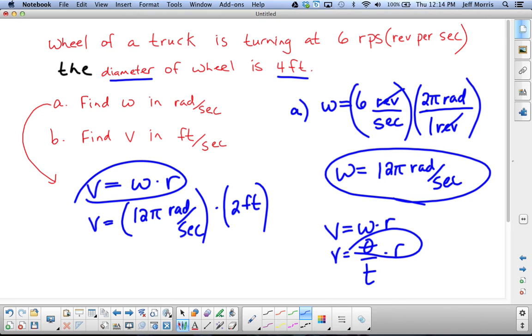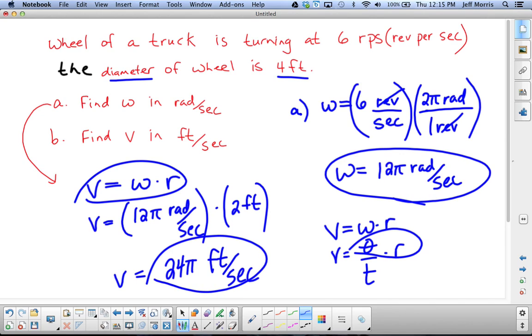That's the only way this works, because degrees and rotations won't do that. They have some more meaning that's not really related to a length. The reason we use radians is because it's related to a radius length. So you drop the rad, and it ends up being 24 pi what? Feet per second. There it is. There's your linear velocity.